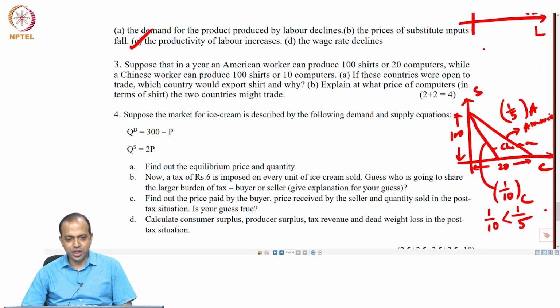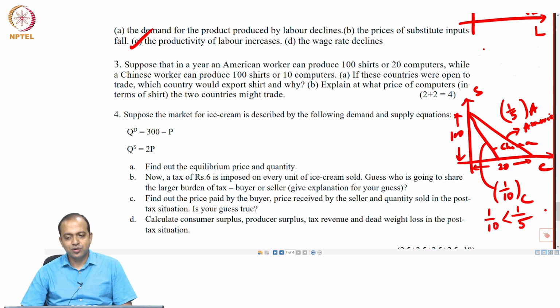Similarly, 1 by 5 is the opportunity cost of cert in terms of computer in America. Opportunity cost of cert in terms of computer is 1 by 10 in China. Since 1 by 10 is less than 1 by 5, we can say that China has a comparative advantage in cert production.